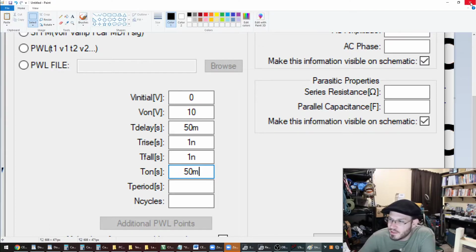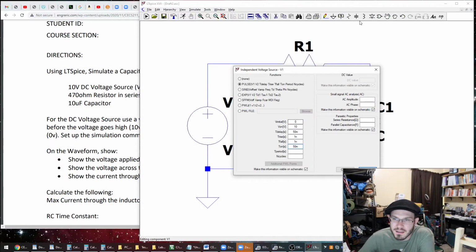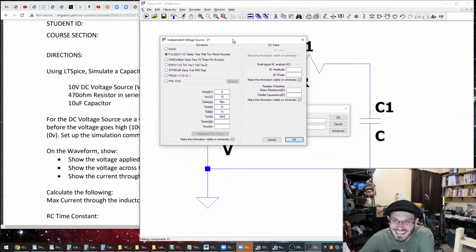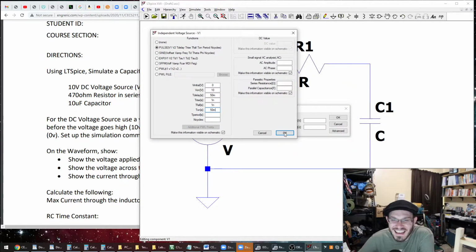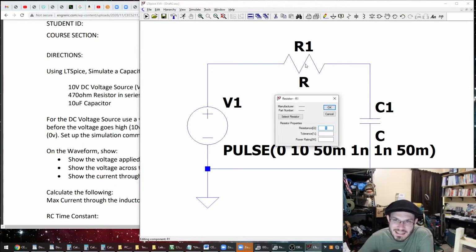Okay, so once your pulse settings are correct, let's hit OK there. We have our pulse set up. We're going to need our resistance of 470 ohms.